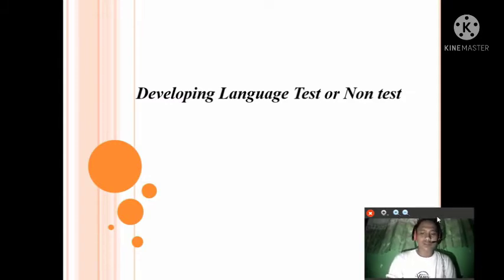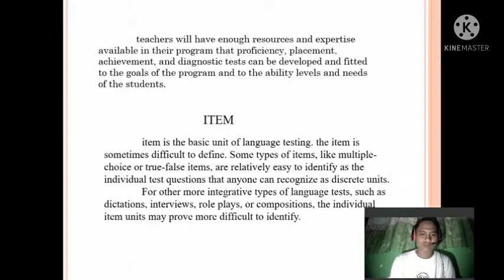Okay, so the next, the teacher will have enough research and evidence available in their program that provisions placement, achievement, and diagnosis tests can be developed and fit the goals of the program and the ability level and the needs of the student.